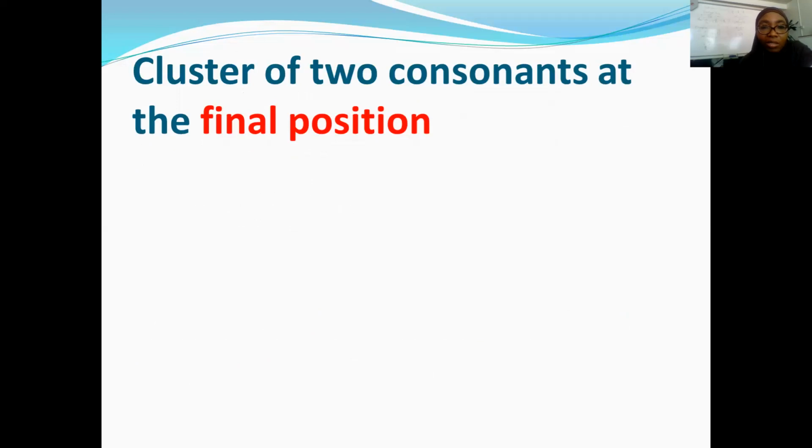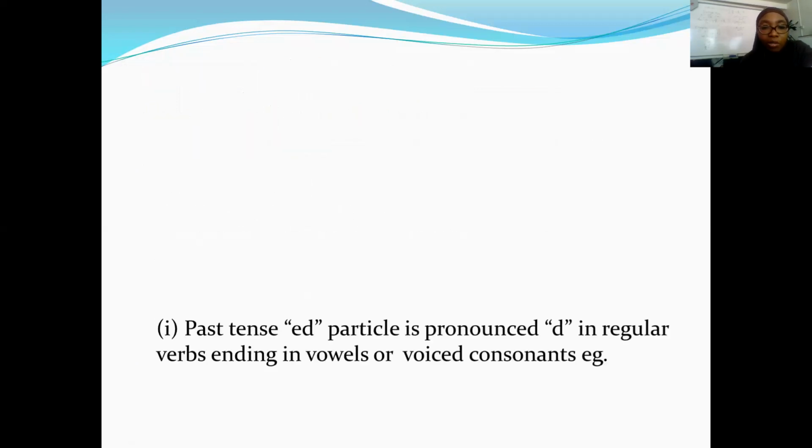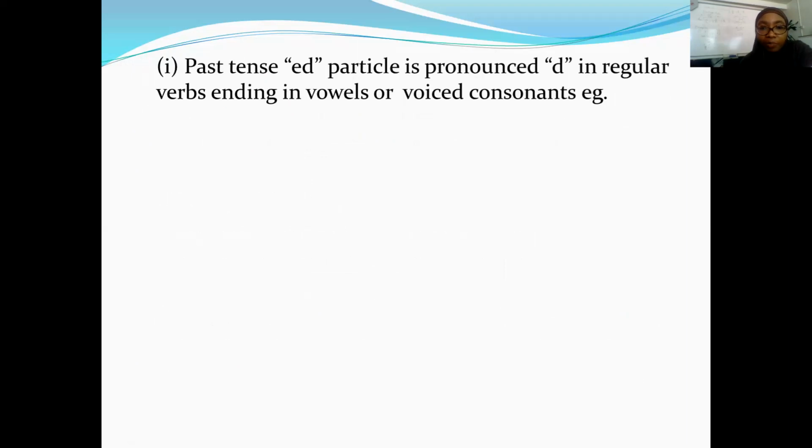Now let's look at clusters of two consonants at the final position. Consonant clusters with two consonants at the final position occur mostly in certain ways. That is, they have their own peculiarity. So we're going to take them one after the other.